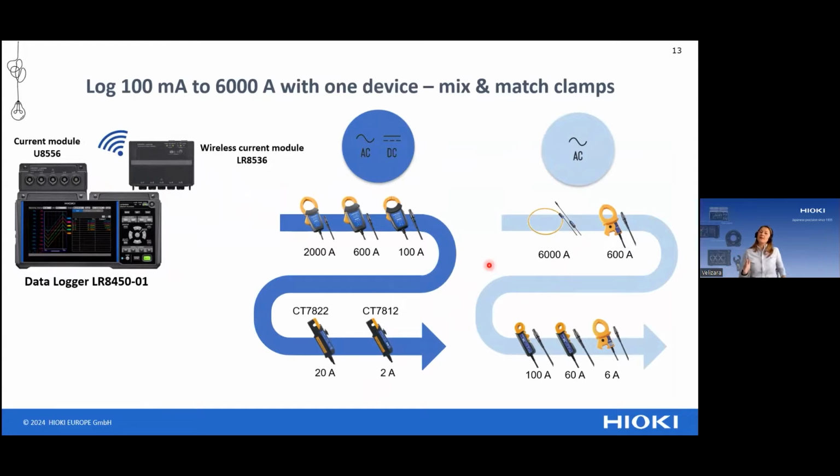Now, I was talking a bit about these low energy consumers and parasitic consumers, and that these are difficult to measure because you need equipment that has very high precision specifically for these low values. That's why I would like to go into a bit more detail about these two current sensors that we just launched at the beginning of this year, with a rating of 2 ampere and 20 ampere.